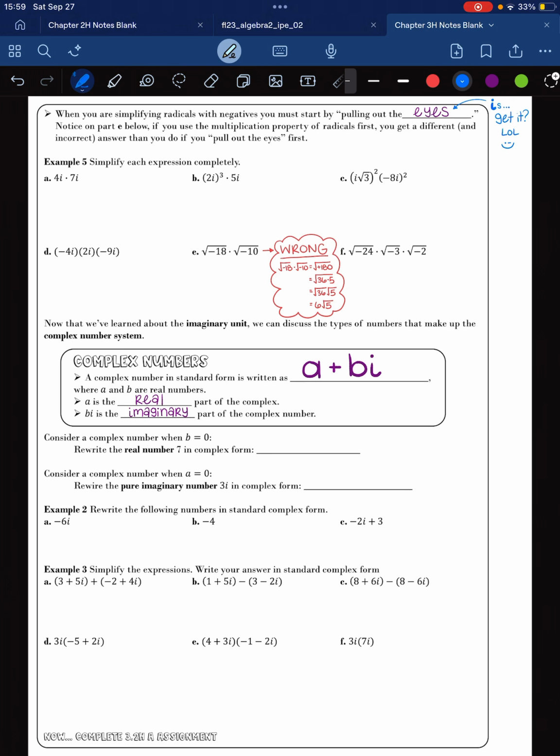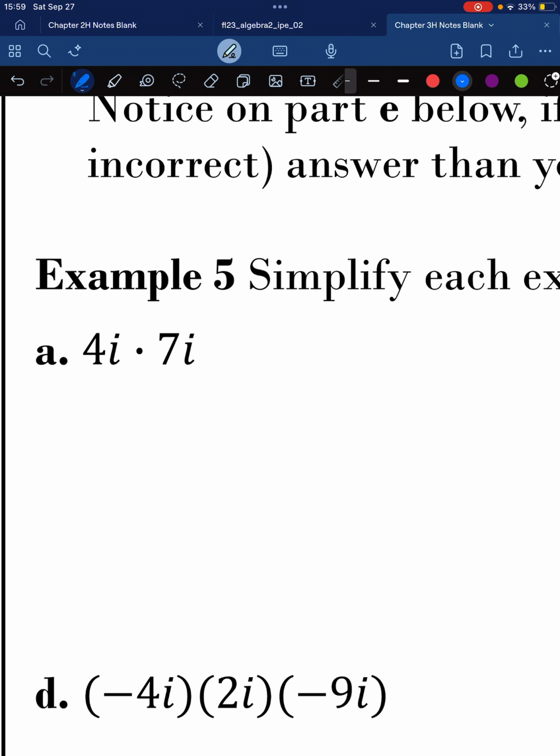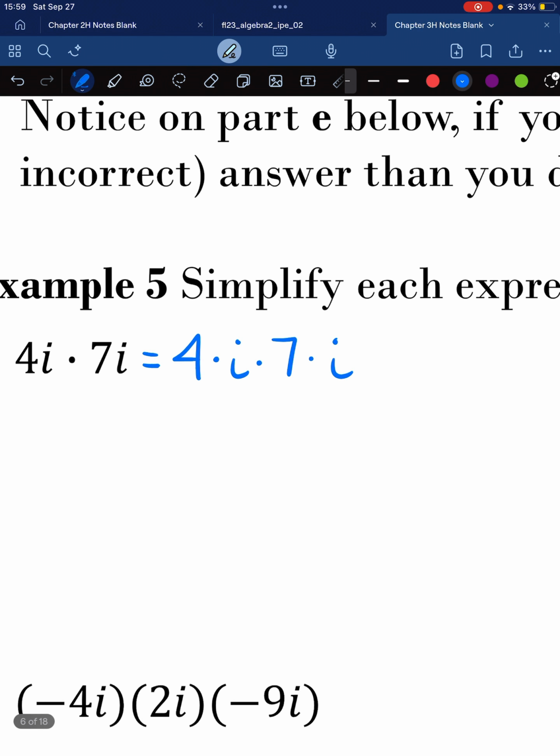Okay, and in these first 3, we can actually get away without having to worry about that because the i's are already pulled out for us. So we can just multiply. We can use the commutative property of multiplication now. I'm going to be a little bit annoying with this example just to highlight what's happening here. This is all being multiplied. The commutative property says I'm allowed to multiply things in different orders if that makes it easier for me.